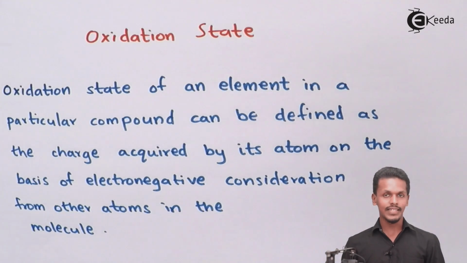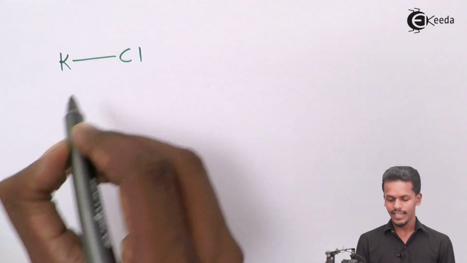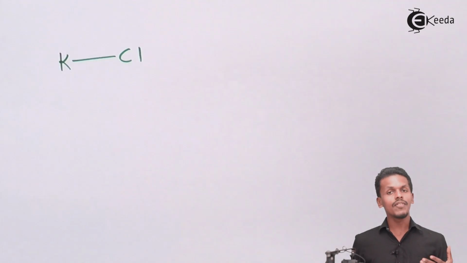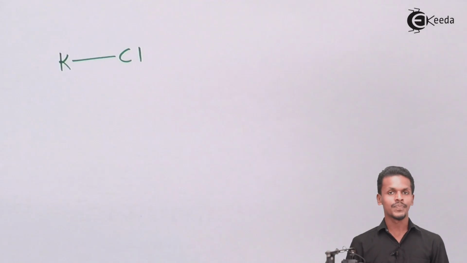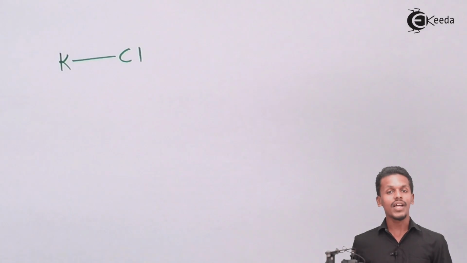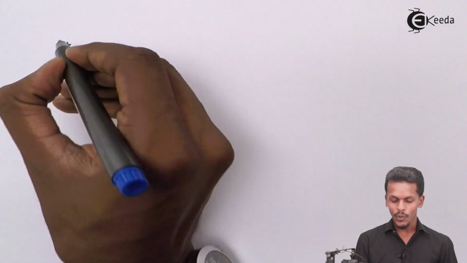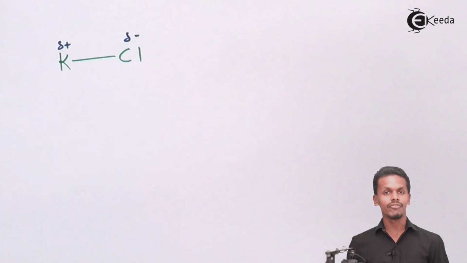For example, what does it say? Whenever we are talking about a covalent bond or a molecule, I will consider the example of KCl. This KCl is a molecule composed of a potassium atom and a chlorine atom. The molecule consists of potassium, which has a partial positive charge, while the chlorine atom has a partial negative charge.